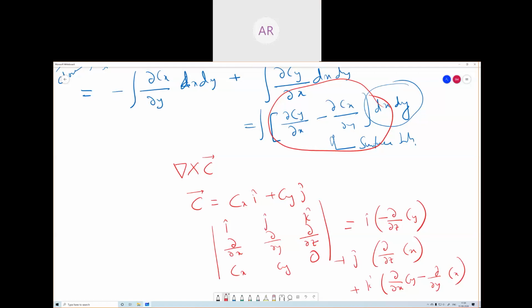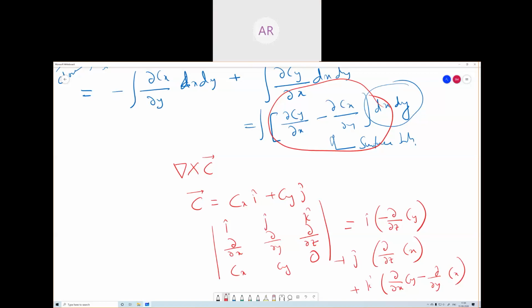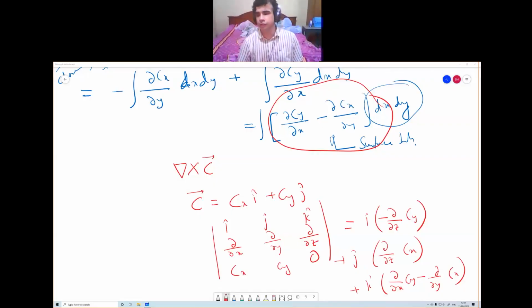This is the value of curl. This is curl of C. Yes or no?